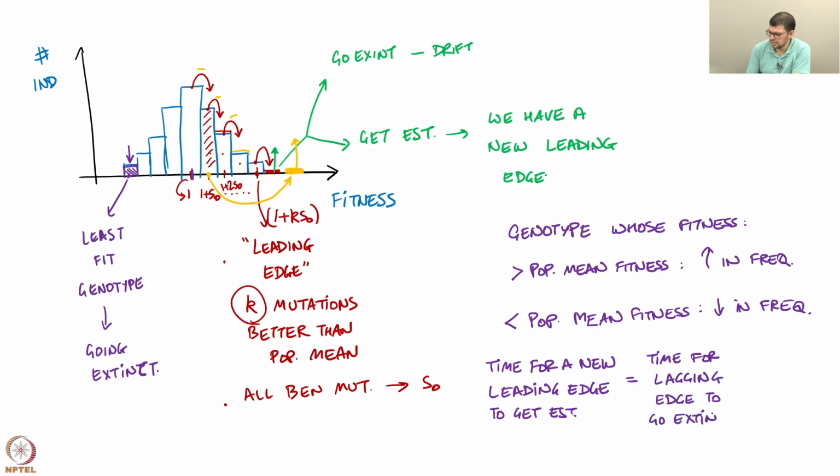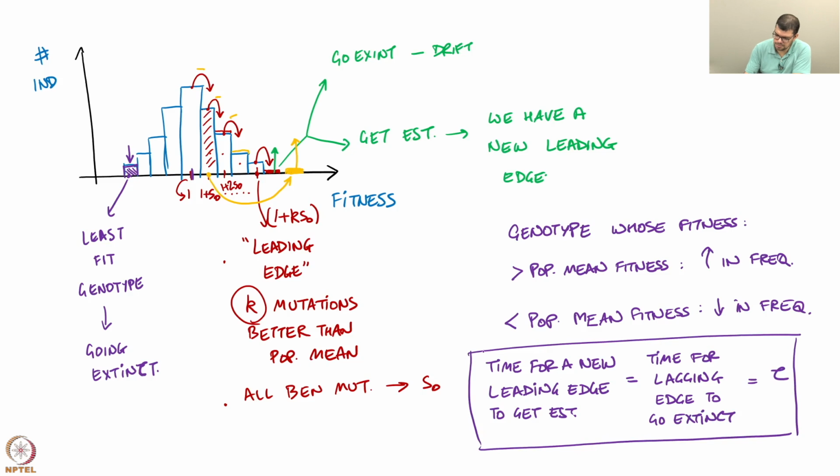Let us call this time tau. So, this is what happens in this population at steady state.